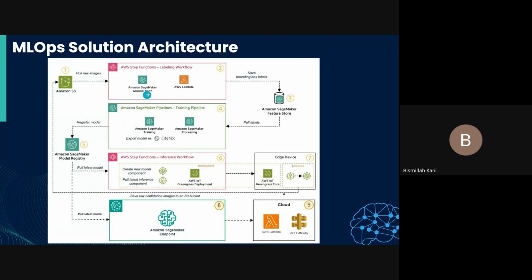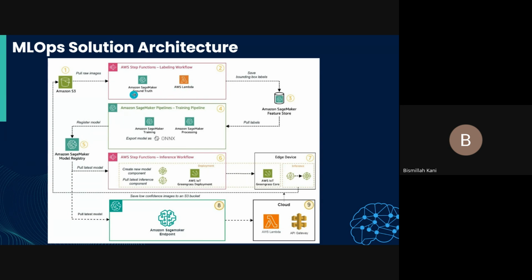Now, this labeling pipeline has different steps, which we will see in the next slides, and it could be orchestrated through AWS Step Functions. So what is AWS Step Functions? AWS Step Functions is a workflow orchestration of AWS Lambda functions, and AWS Lambda is a serverless function offered by AWS.